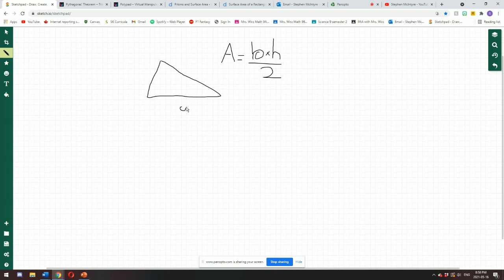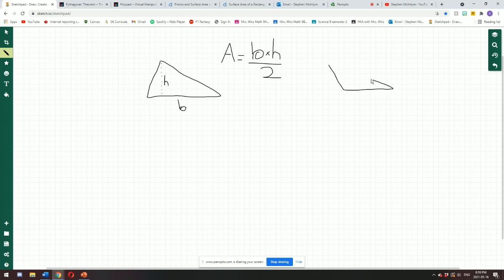So the base being this side, sure, we can use that. This is the height. So the base times the height divided by 2. Okay. So let's do a practice problem here. I'll make a new one. Let's make an interesting looking triangle.